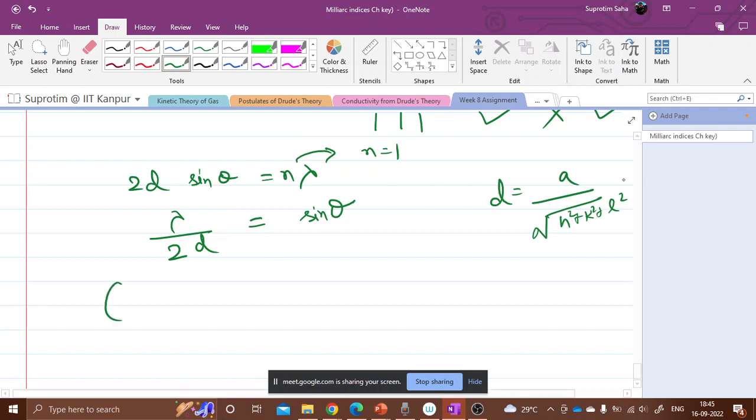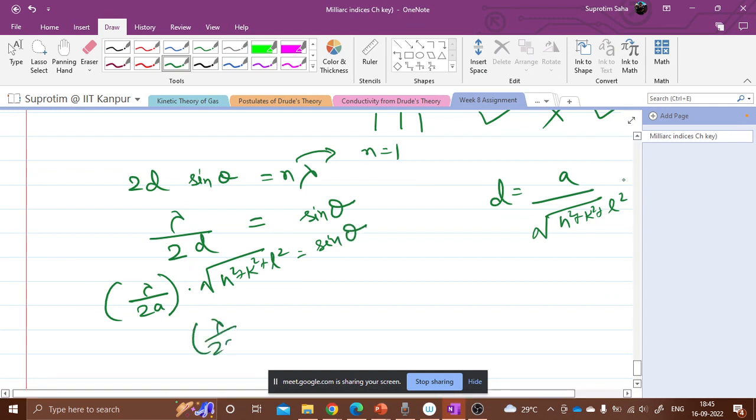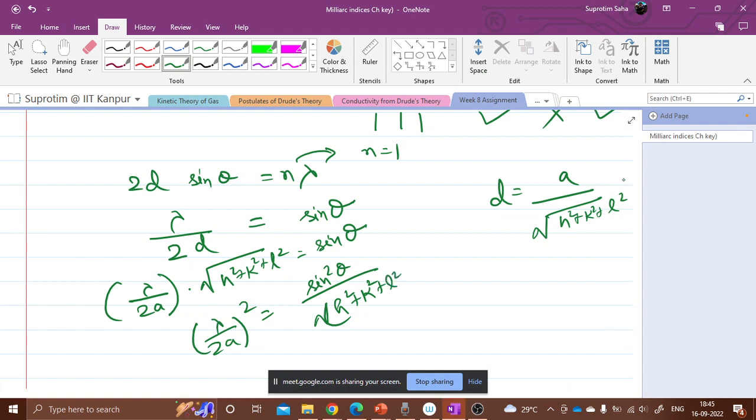All right. So lambda by 2a times square root of h squared plus k squared plus l squared is sine theta. So sine squared theta over h squared plus k squared plus l squared is constant. This is correct.